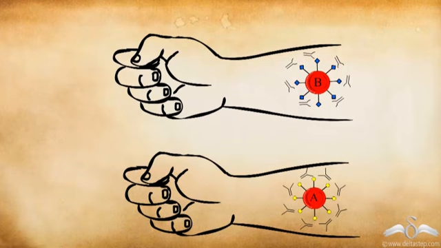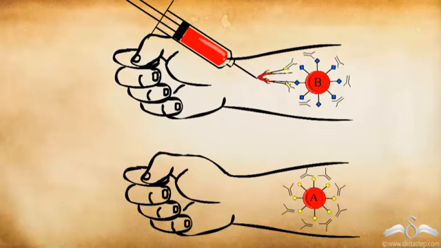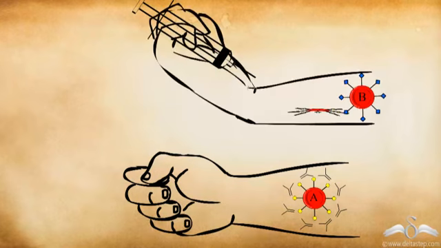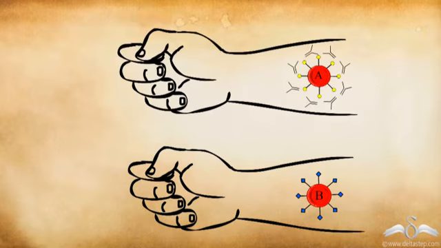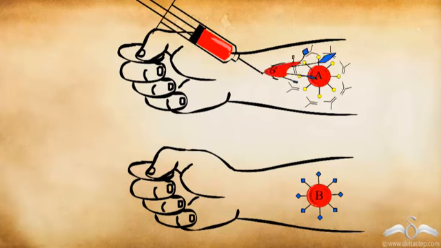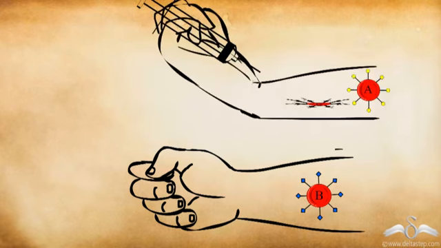Now, if the blood from a person having A blood type is transfused to a person having a B blood type, the recipient will die. Similarly, if the blood from a person having B blood type is transfused to a person having an A blood type, the recipient will die.